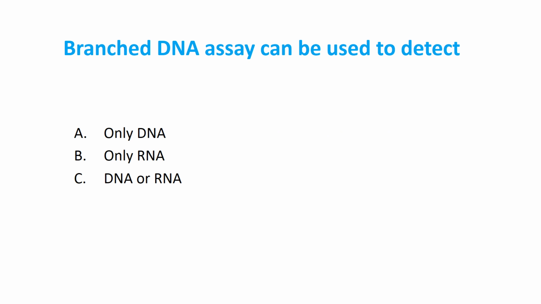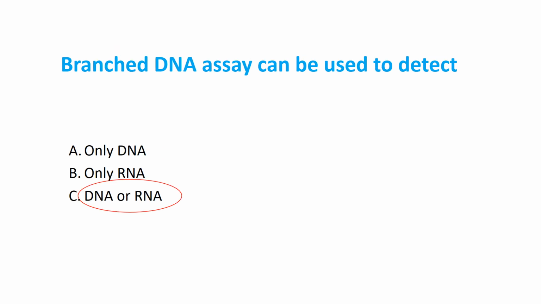To make sure that you really understand the branched DNA assay, let's do a test with a few questions. The first question is, branched DNA assay can be used to detect what? The correct answer is DNA or RNA.